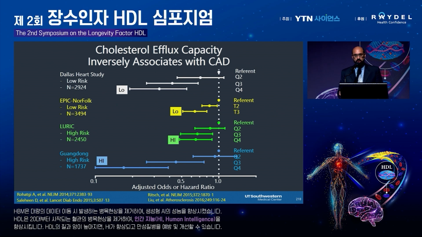EPIC Norfolk was also a low-risk study, but in Europe, in yellow. The third depicted here is called LURIC, which is a high-risk European study, people undergoing coronary angiography for symptoms or heart attack. And then the fourth that I list here is a Chinese high-risk cohort, also people undergoing coronary angiogram.